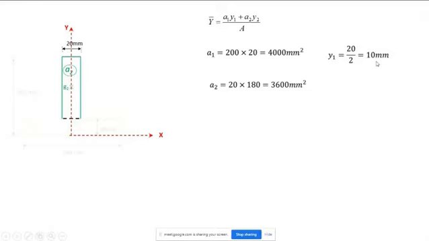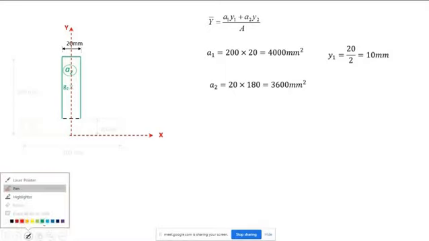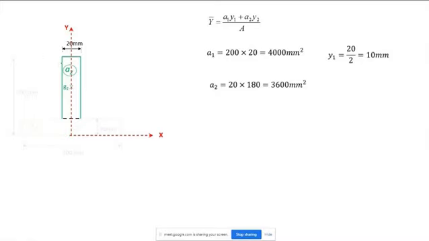And similarly, for area A2, the dimension will be from here to here, which will be 180, because the total depth is 200. So 200 minus 20 becomes 180. So 180 into 20 will be the area of the second figure.